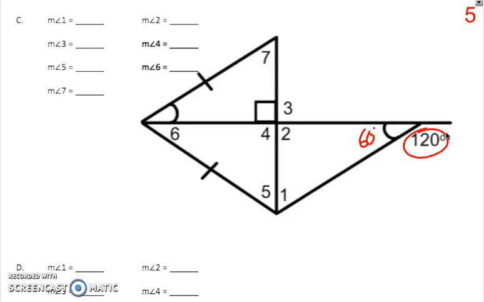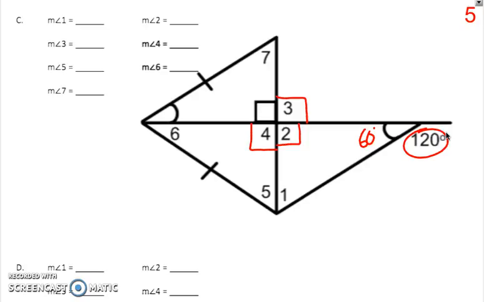I know that angle 2 is vertical from the 90-degree angle, so that's going to be 90 degrees. We have a linear pair with the given right angle and number 3, so that's going to be a right angle. And we know, again, with the right angle on 4, that this is going to be a right angle because we take 90 degrees, subtract that from 180, and that gives us 90 degrees.